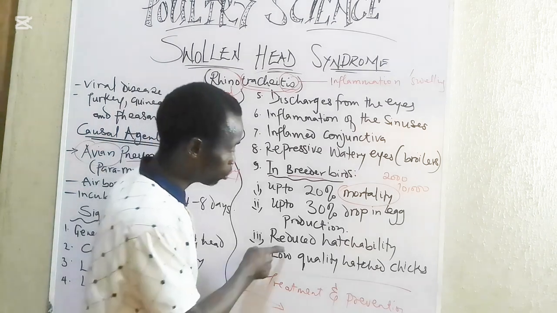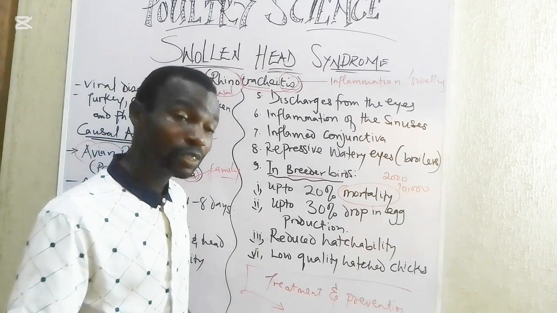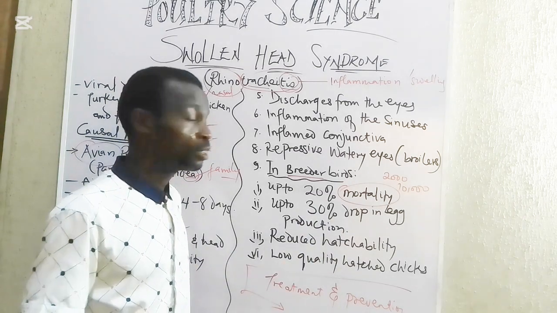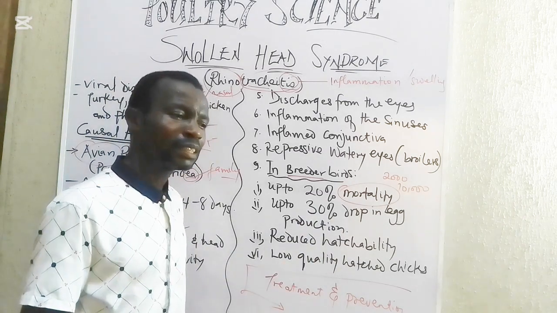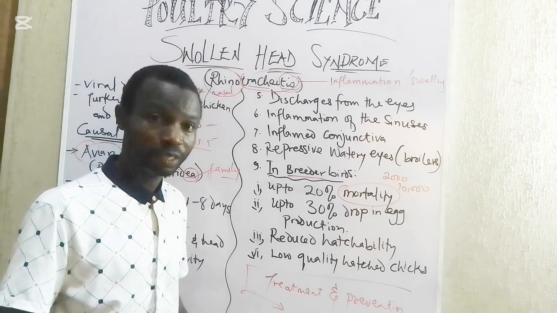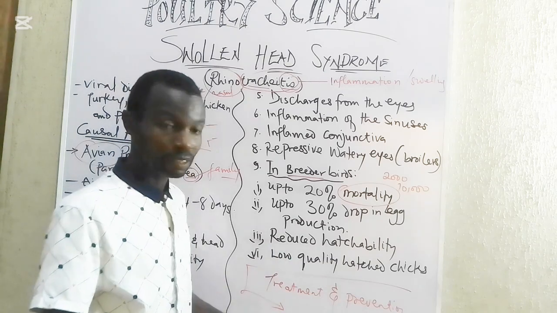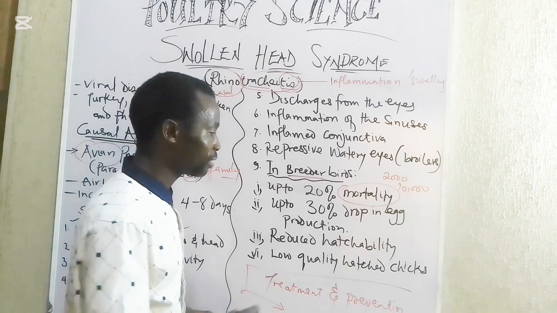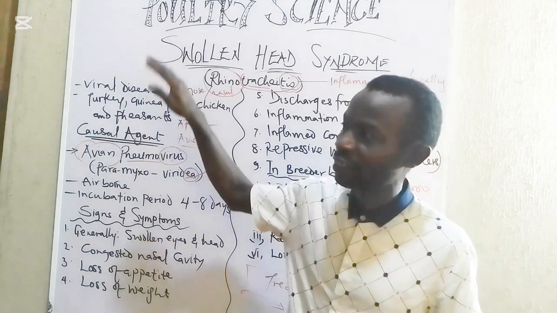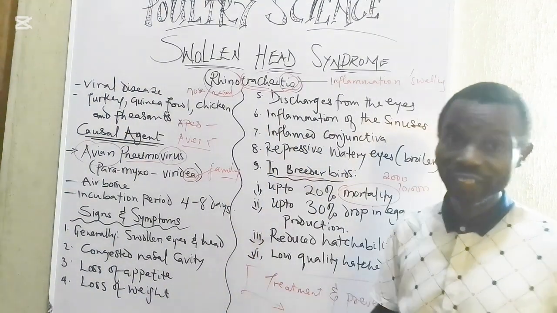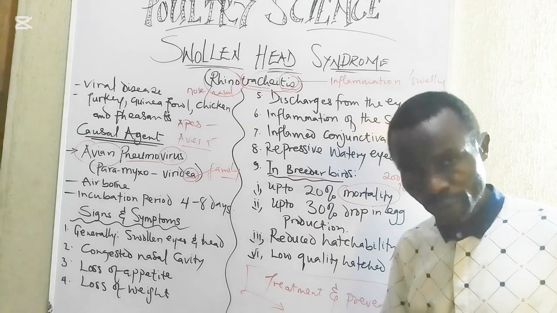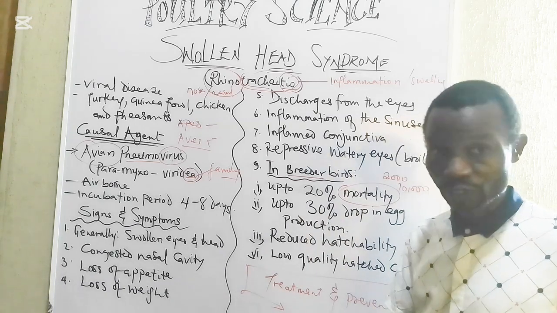So the next is also reduced hatchability. The remaining eggs, the remaining 70% or thereabout, will not have the full capacity to hatch well. So they will not hatch properly. So reduced hatchability is also a thing that affects. And then there's the low quality of chicks. Now you see how this thing continues down the scale. Reduced egg production, as if it's not enough.